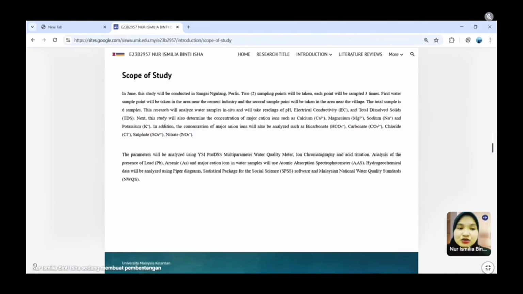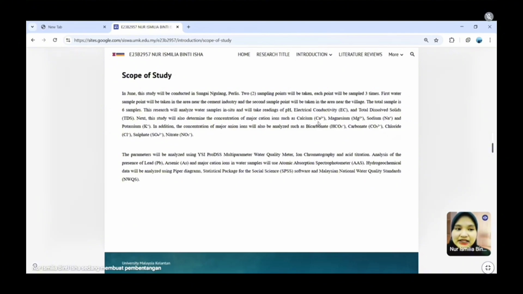6 samples from 2 points in Mulang River, Perlis, will be taken: 3 near the cement factory, and 3 near the village. Research will conduct in situ measurement for pH, EC, and TDS.